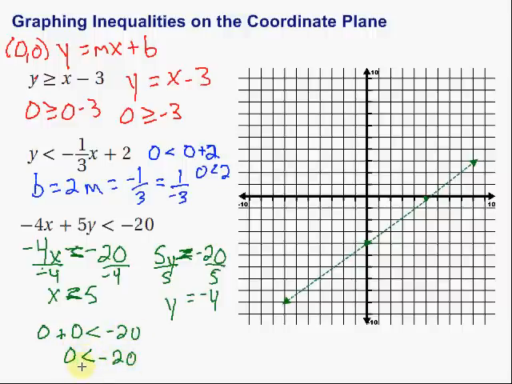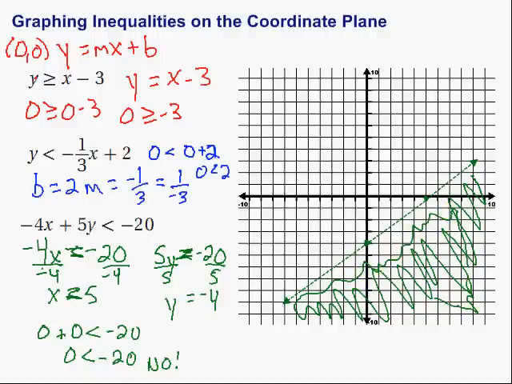So what that means is that we shade the side that does not contain that point, 0, 0. Remember, we put that point 0, 0 in, we tested it, it's right here. It does not work. So that means our solutions are going to be over on this side of our boundary. So we shade in on this lower side of the boundary line.